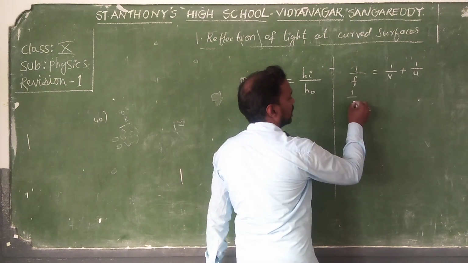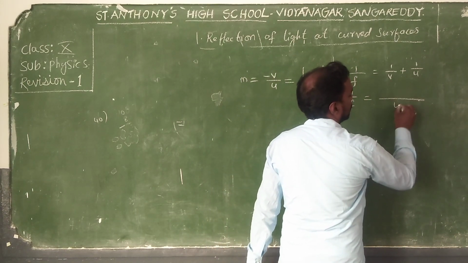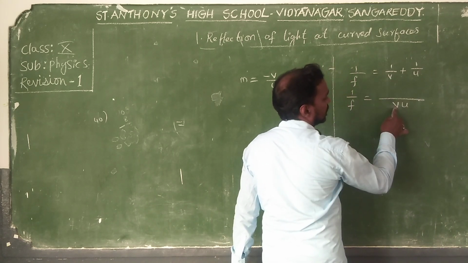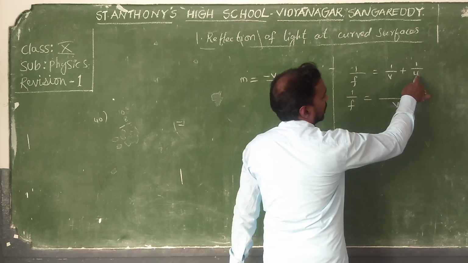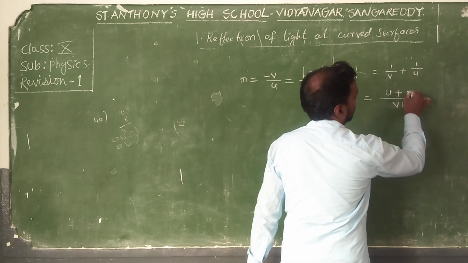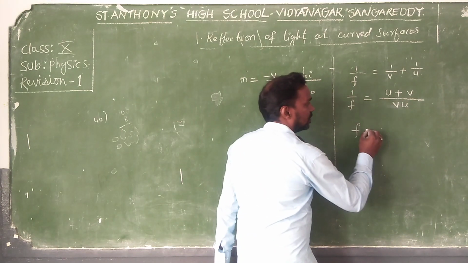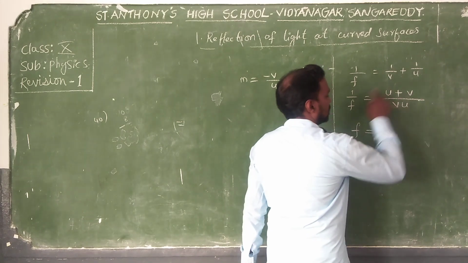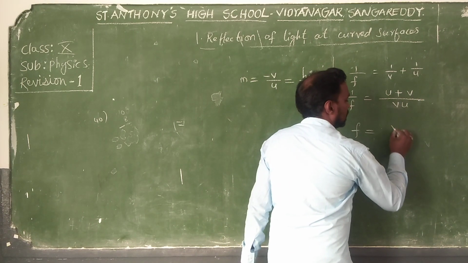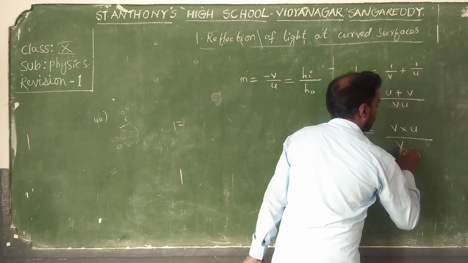So write 1 by f. What is the LCM? U into v. Taking the LCM, we get u plus v over v into u. This is 1 by f. But we want the f value, so take the reciprocal on both sides. Then f is equal to v into u by v plus u.